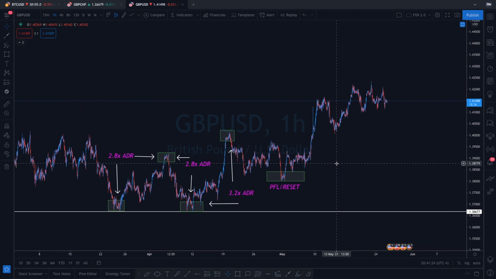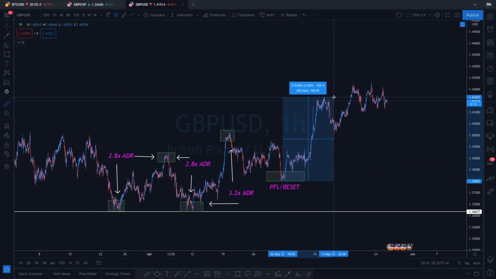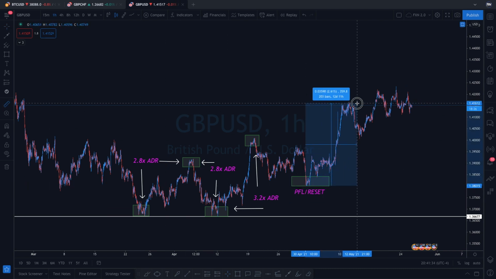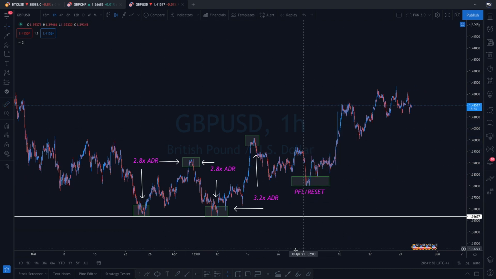So now, keep going. If we go from here to here, that's what, 365, right? 365, so that's almost 4 times or so ADR. So same thing from here to here.